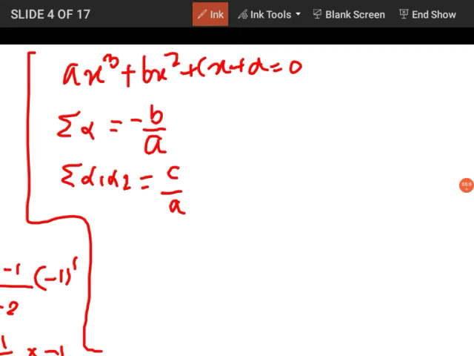Now if I take three at a time, that is the product of the roots, this will be minus of d upon a.